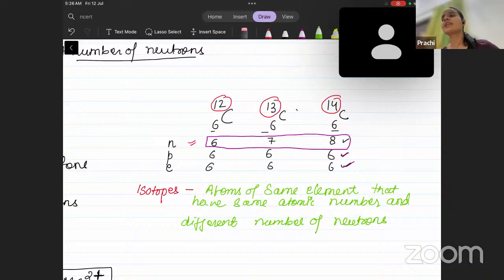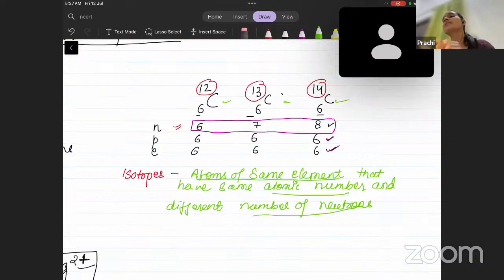They can ask you related to the number of neutrons. They can ask you the same statement related to atomic number, number of protons or electrons, or they can ask it related to the mass number. So yes, we can write it as atoms of the same element, which have the same atomic number and different number of neutrons, or I can say different mass number.